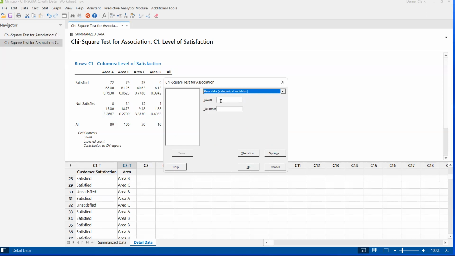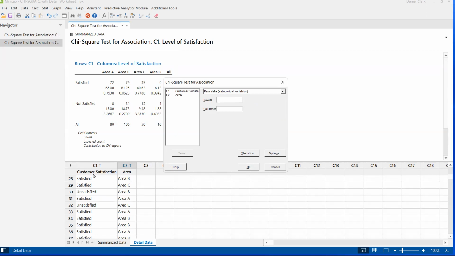And so that asks me which column of my data contains the row labels, and then which column contains the column labels. If you remember, our Y is a function of X formula. Minitab, generally speaking, asks for the Y first, the output.